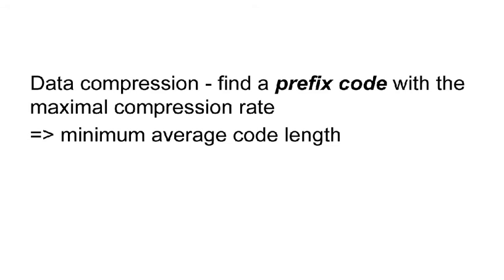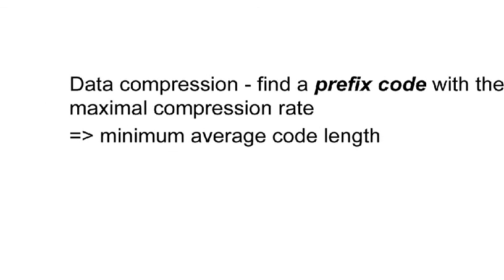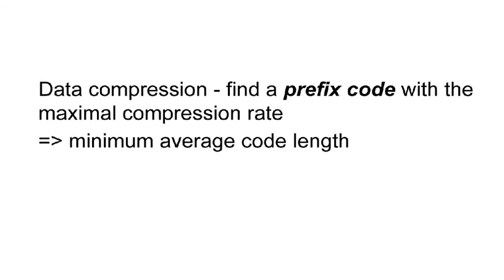What do we seek in data compression? We are trying to find a prefix code with the maximal compression rate. But first, what is the meaning of prefix code? A prefix code is one in which there is no code which is a prefix of some other code.